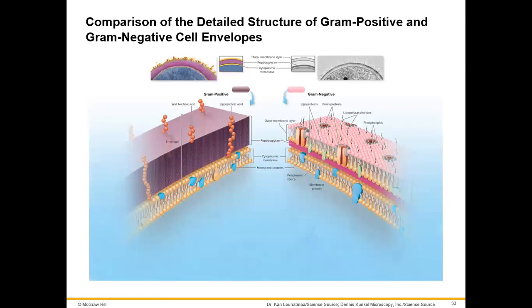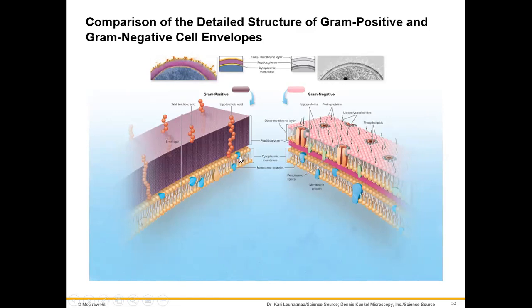Comparisons of the two. Both Gram-negative and Gram-positive bacteria have a cell membrane. The cell membrane is a phospholipid bilayer. It's a common structure of cell membranes that we have, and a lot of other eukaryotes have also. You can have proteins that are embedded in or on the cell membrane.